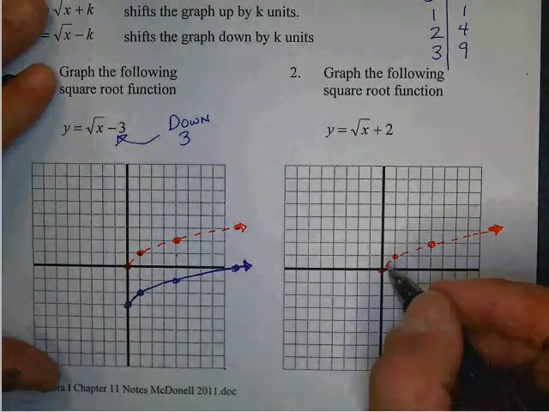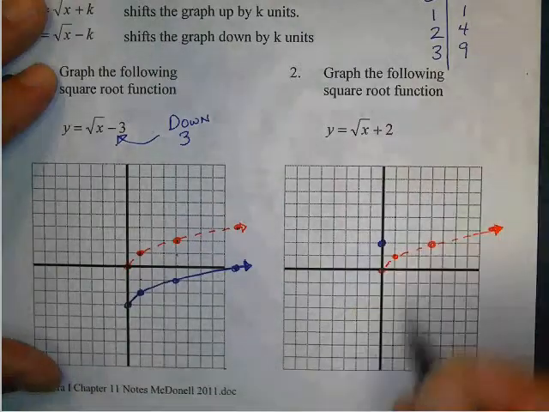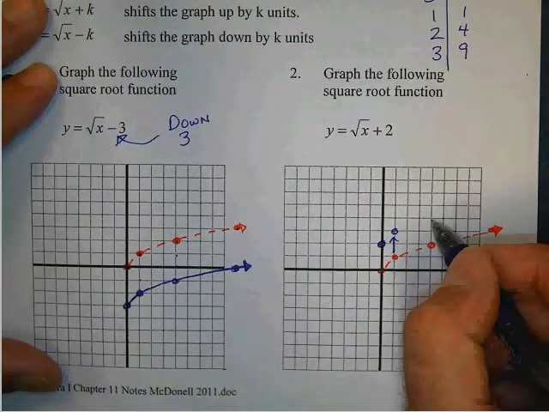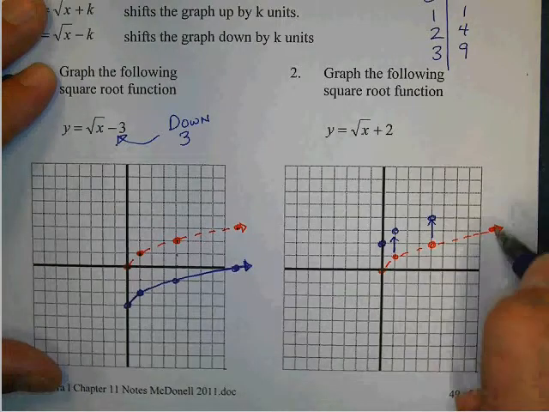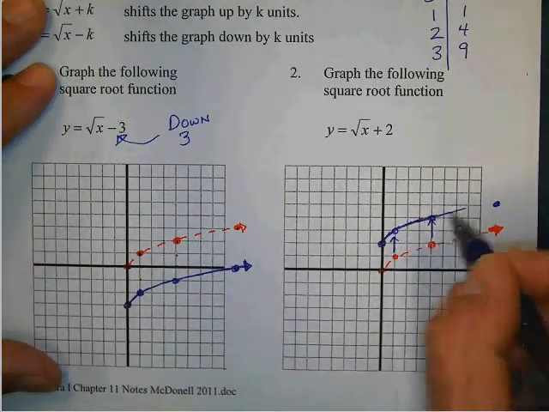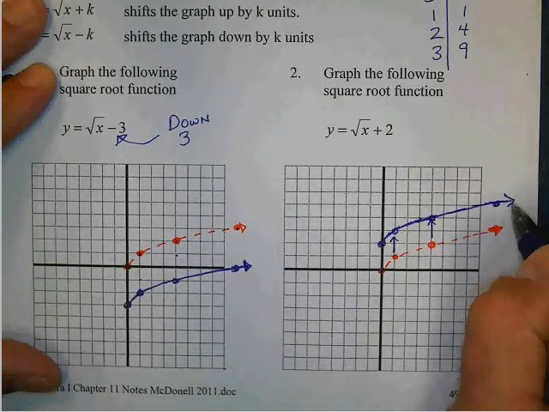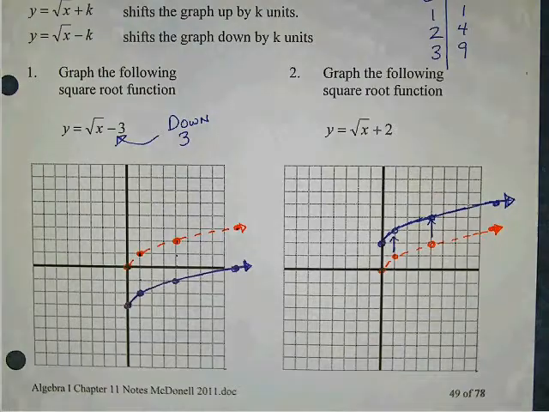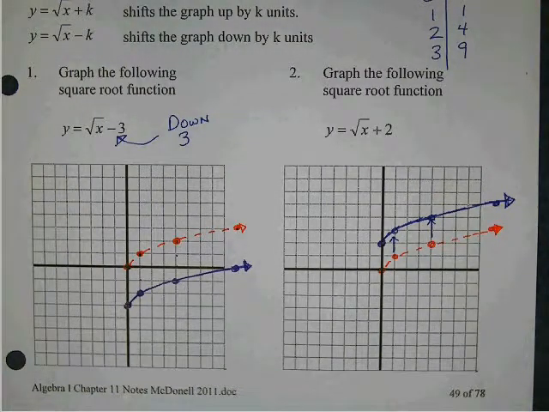So, as Ryan said, this is shifted up 2. So go up 2, go up 2, go up 2, and go up 2, and draw your graph. It should have the exact same shape.